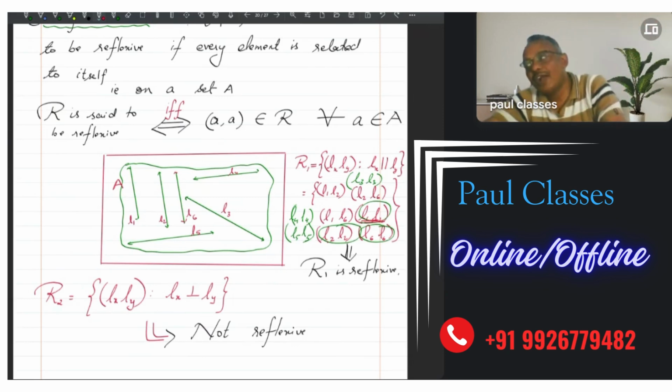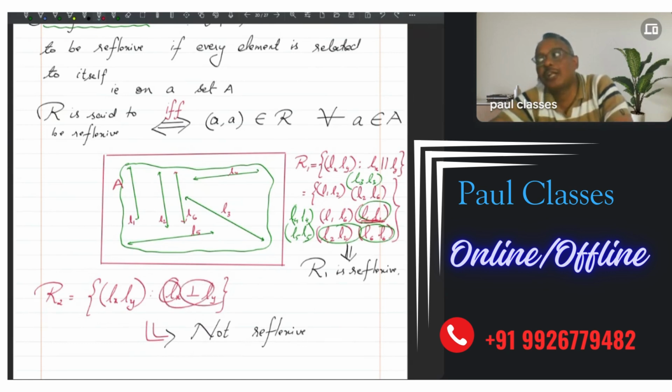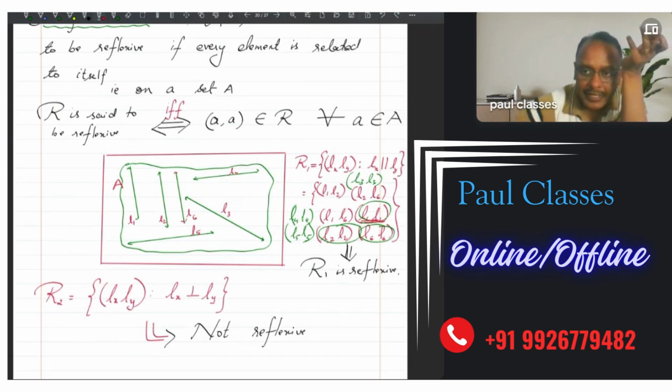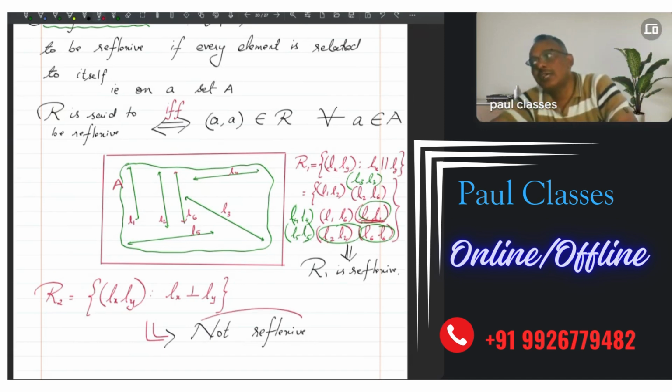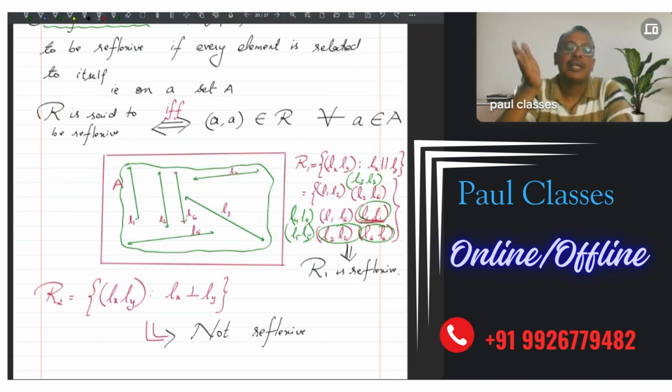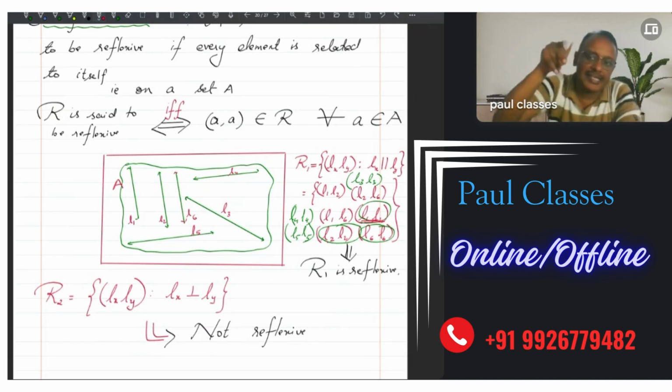I'll give you one more example. Say (Lx, Ly), where Lx is perpendicular to Ly. A line cannot be perpendicular to itself. So it is not self-related. So I'll call this not a reflexive relation. So what is a reflexive relation? Reflexive relation means self-related.